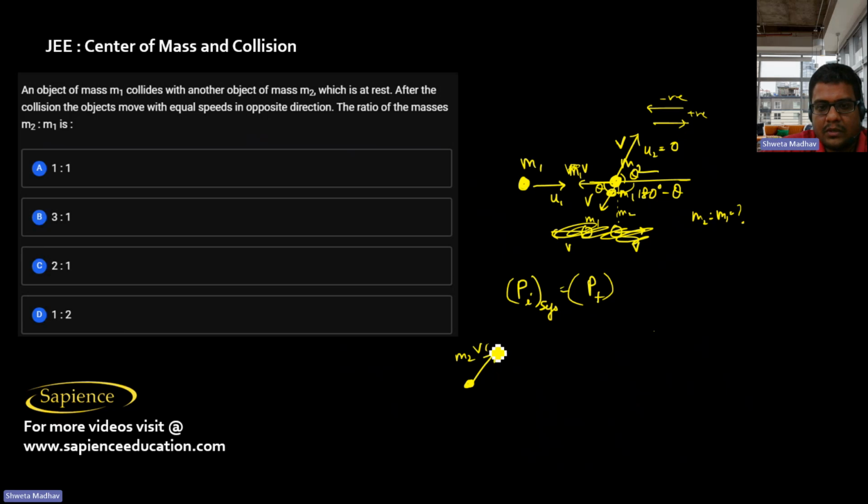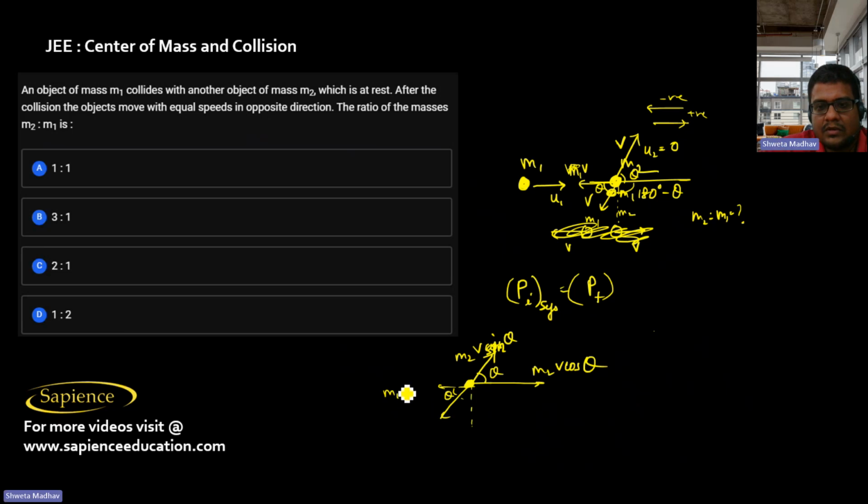P2 will be m2 v, with components m2 v sin theta and m2 v cos theta. And this is 180 minus theta, so this will be theta.